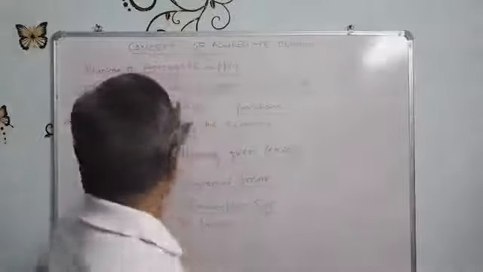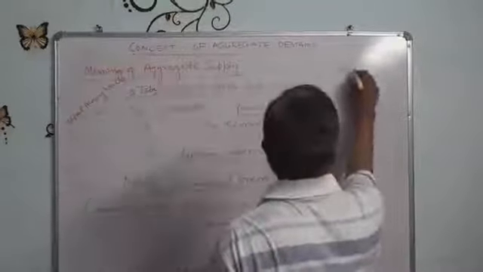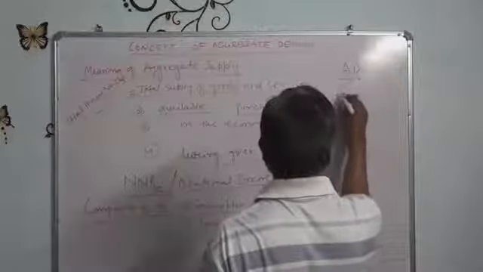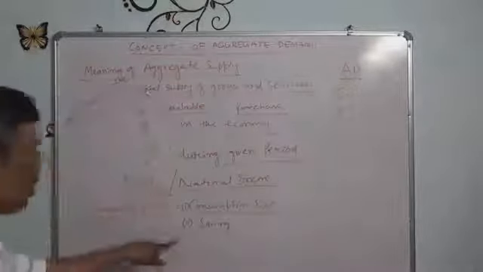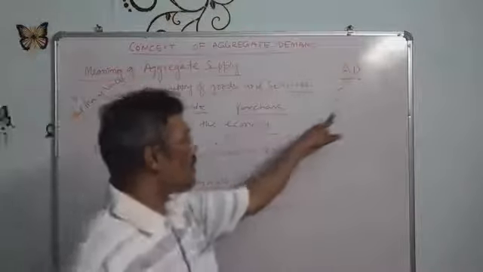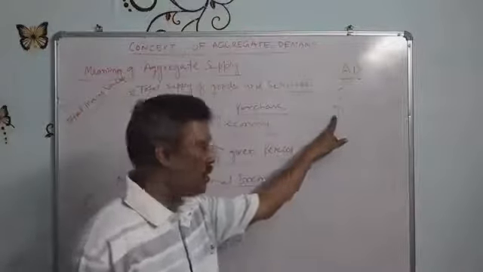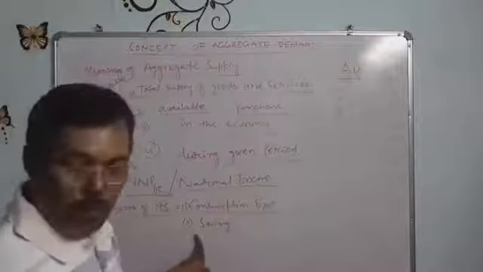Like that, the aggregate demand components are consumption and investment. Aggregate supply components are consumption and saving. Here the difference is investment in aggregate demand and saving in aggregate supply.